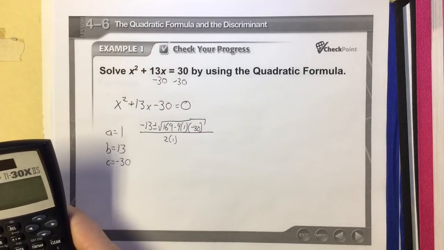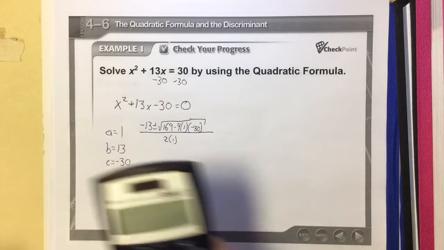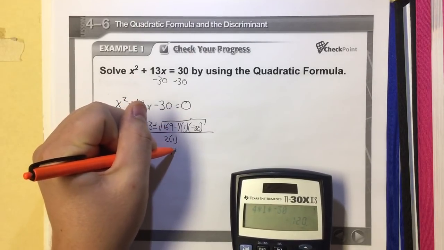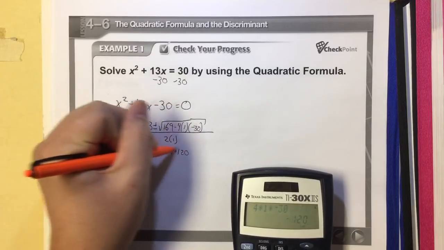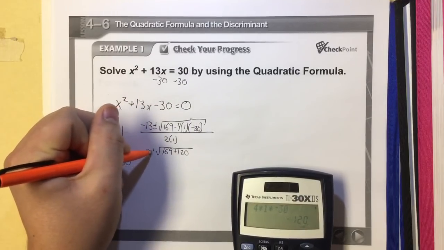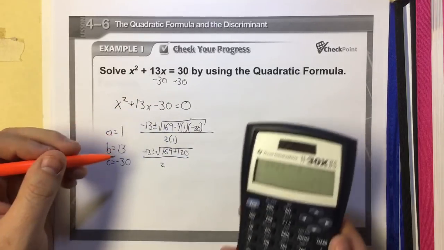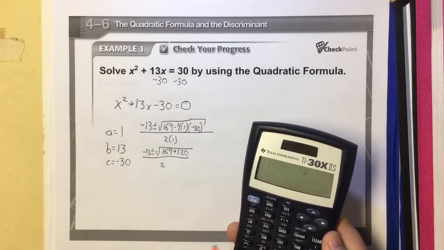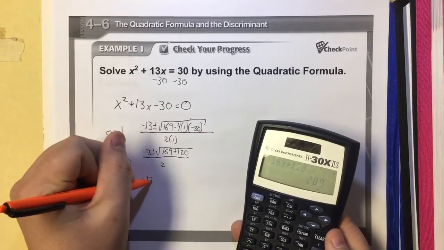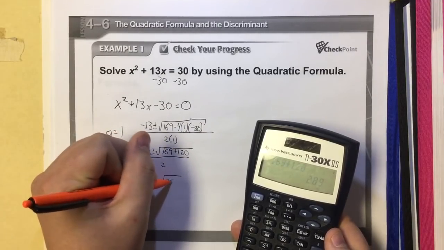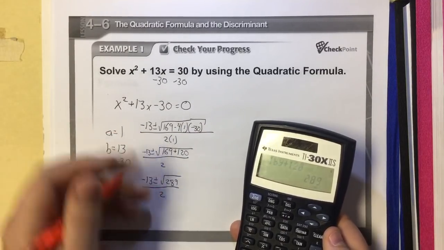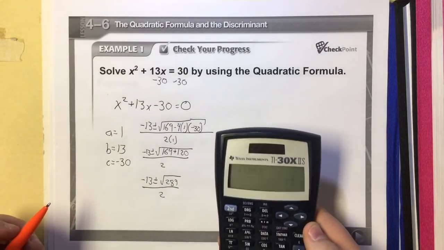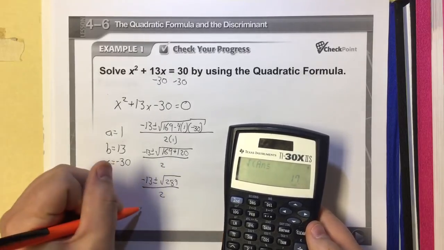4 times 1 times negative 30 gives me negative 120. 169 minus negative 120 is plus 120. Negative 13 plus or minus all over 2. 169 plus 120. I have negative 13 plus or minus the square root of 289 all over 2. The square root of 289 is 17.